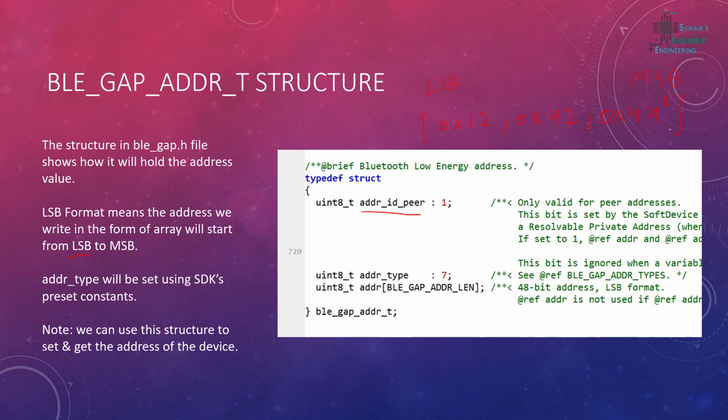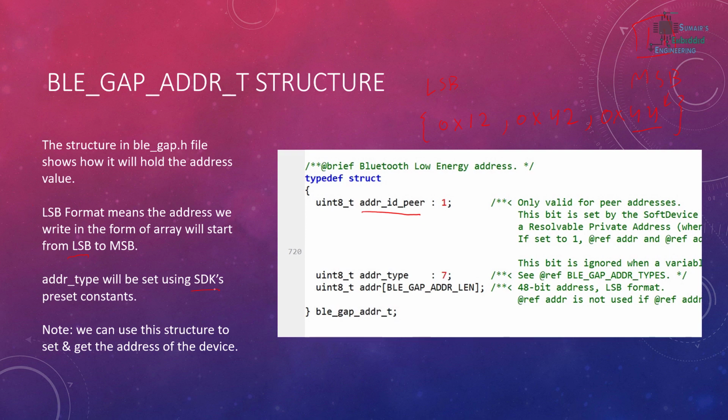We have to make sure the MSB has the highest two bits set to 1, otherwise this address won't work. Address type will be set using the SDK's preset constants.